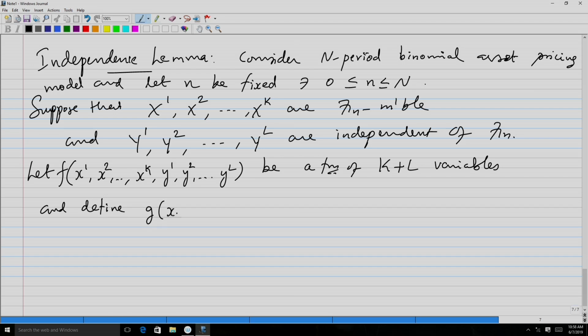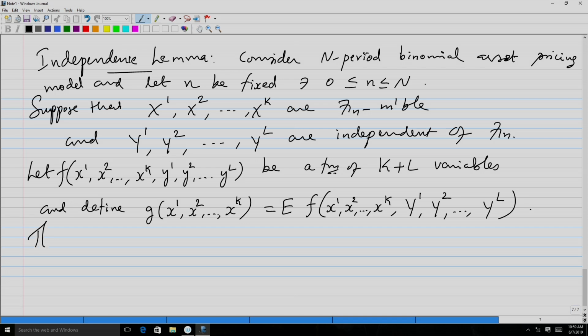a function g of x1, x2. Again, this is superscript, this is not power. Maybe we could have used a better notation, but it does not matter, the understanding is clear. Okay. Now, this is the expectation of f with these values, and these arguments y1 to yl now are replaced by the random variables y1, y2 and yl.